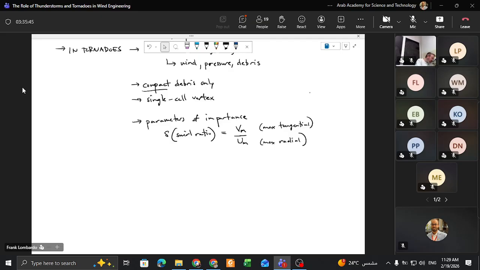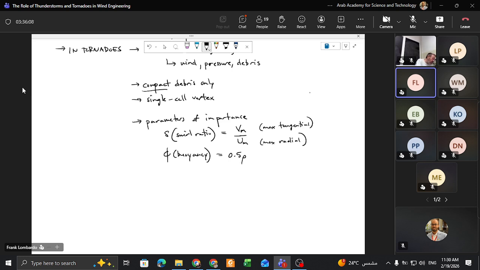The second parameter that they developed was something they called a buoyancy parameter. It's slightly different than the other debris models because you're trying to come up with non-dimensional parameters that include parameters that are part of the tornado.